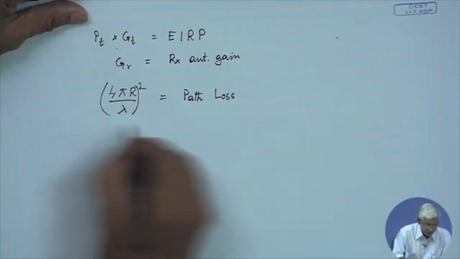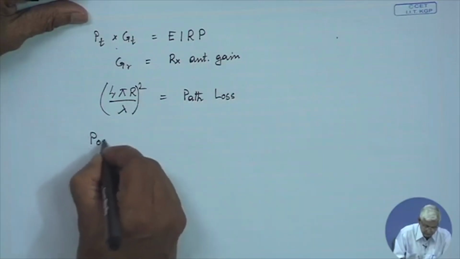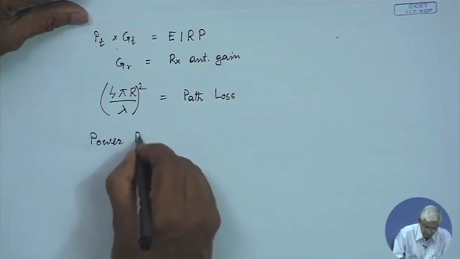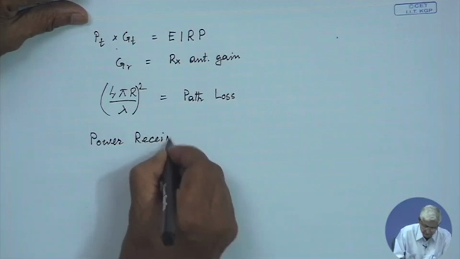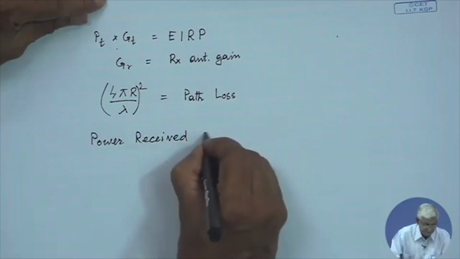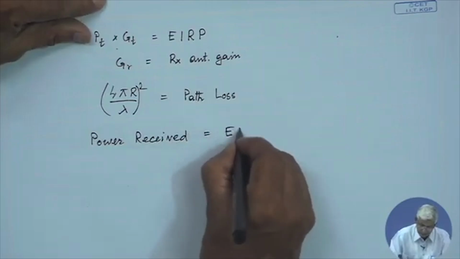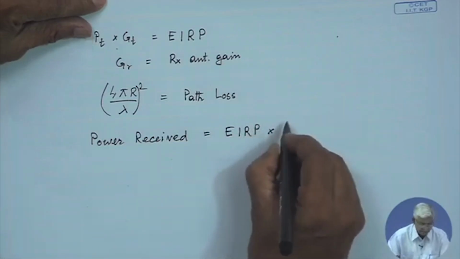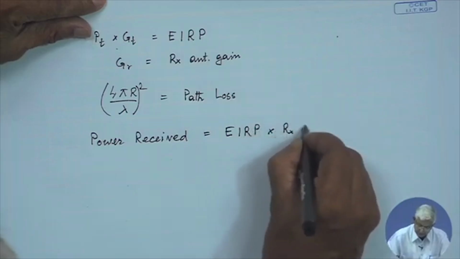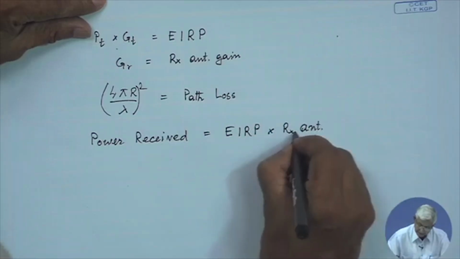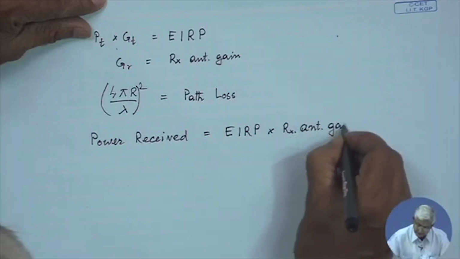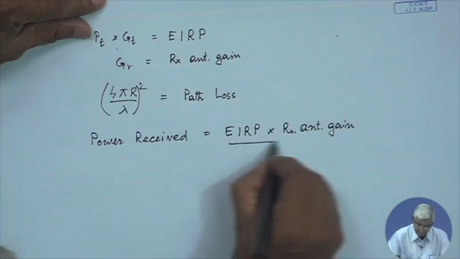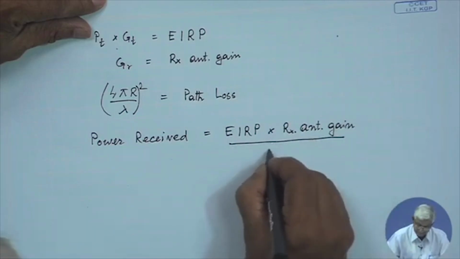In words, if I write, power received is equal to EIRP into receive antenna gain divided by path loss.